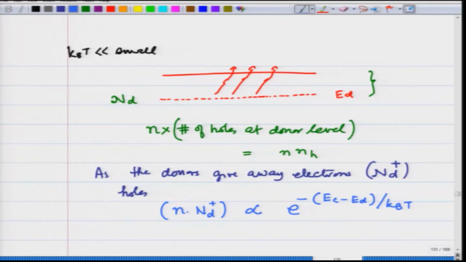So, the temperature dependence will come mainly from this term, and exactly like we did for the intrinsic semiconductors, N then is going to be proportional to e raised to minus E c minus E d divided by 2 KBT. So, this is the temperature dependence when KBT is very small, and main contribution to the charge carriers in the conduction band comes from the donor levels alone.